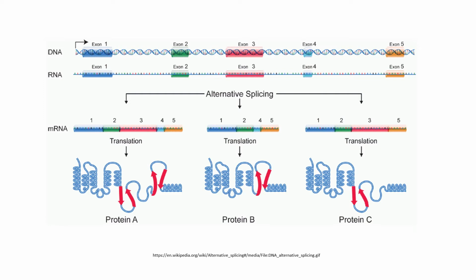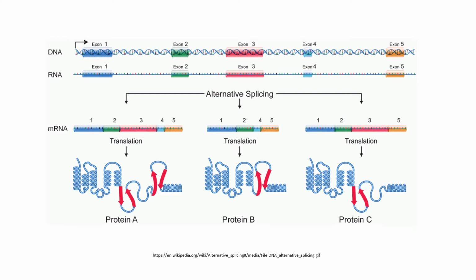Now, when that gets coded into a protein, it's going to make a different protein called protein B in this diagram. And I can have yet another alternative splicing, one that would drop exon 4, and I could use exons 1, 2, 3, and 5 to make yet a different protein. And I can even duplicate regions, not shown in this diagram, but I could have 1, 2, 2, 3, 4, 4, 5.